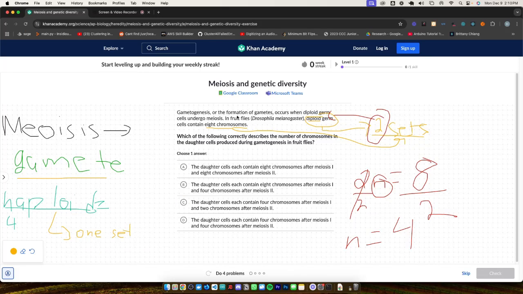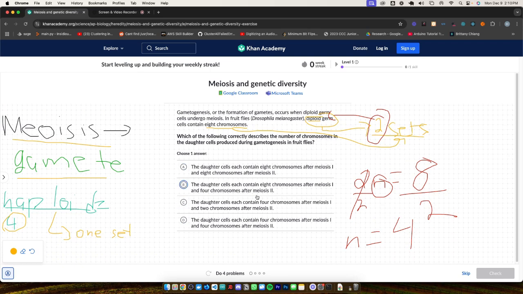During meiosis, you have the germ cell, which is a diploid number, as we can see from here, but then at the end it creates daughter cells, which will become a haploid number. We just did the computation for a fruit fly, and that haploid number would be 4 chromosomes. Remember, haploid is just one set of chromosomes, so you'd have 4 chromosomes because 8 would mean two sets of chromosomes, one from each parent.